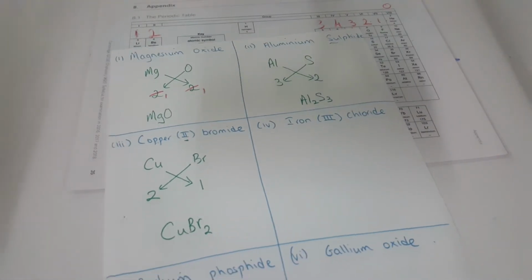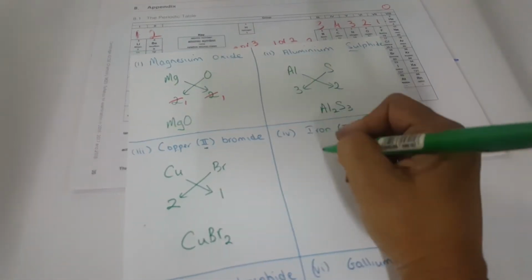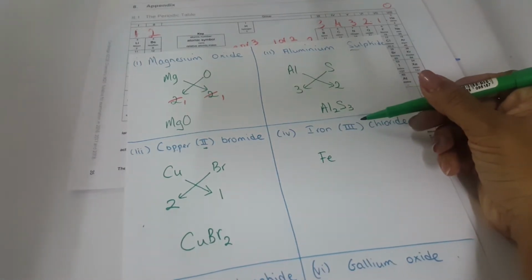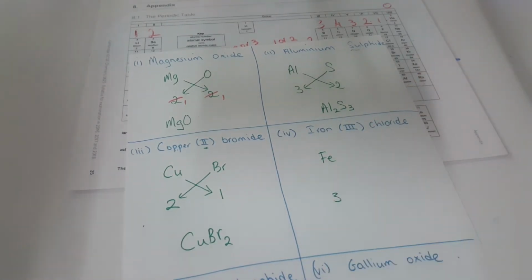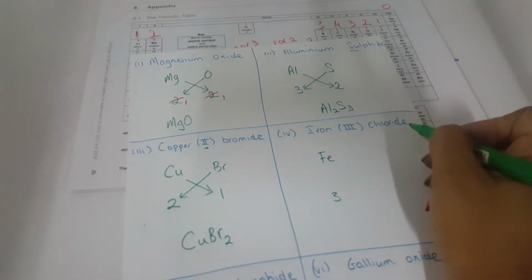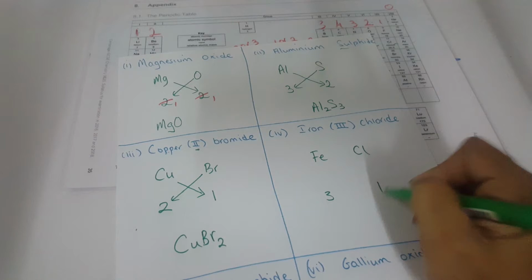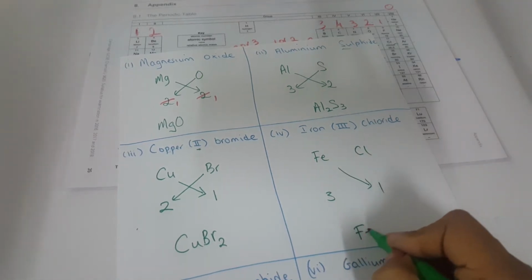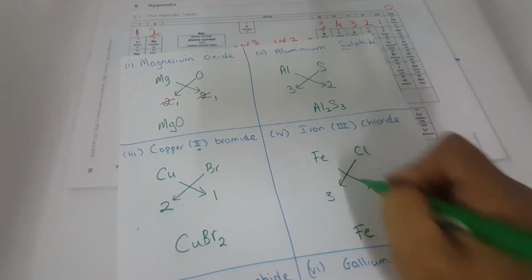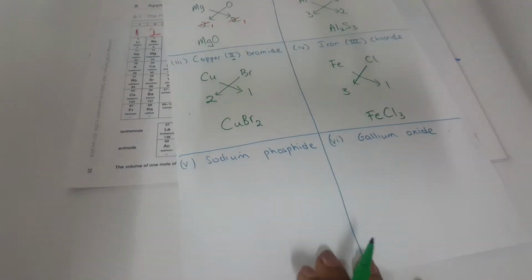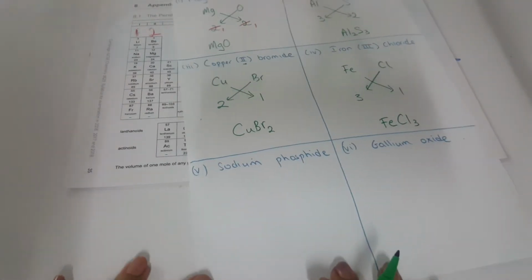Now for this one, iron 3 chloride. Iron is Fe. Again, you have the valency here with the 3 in Roman numerals, so the valency of iron is 3. Then chloride is chlorine with the valency of 1. Then you cross it, so Fe1, no need to put 1, and Cl3. So that's your formula for iron 3 chloride. Then sodium phosphide.